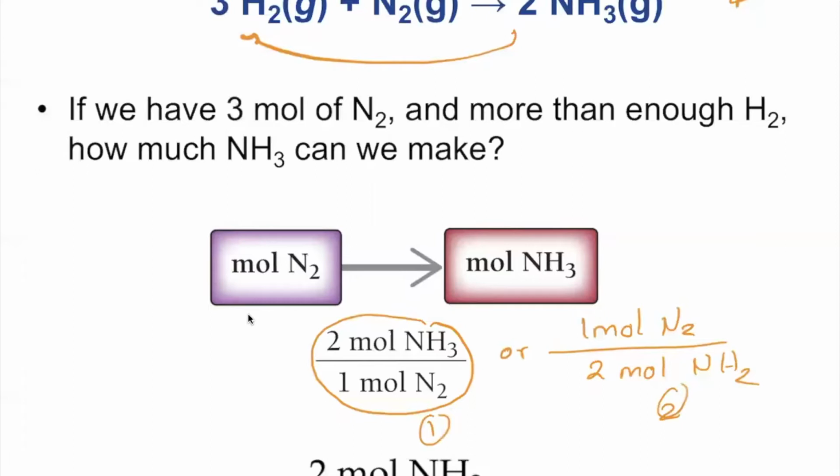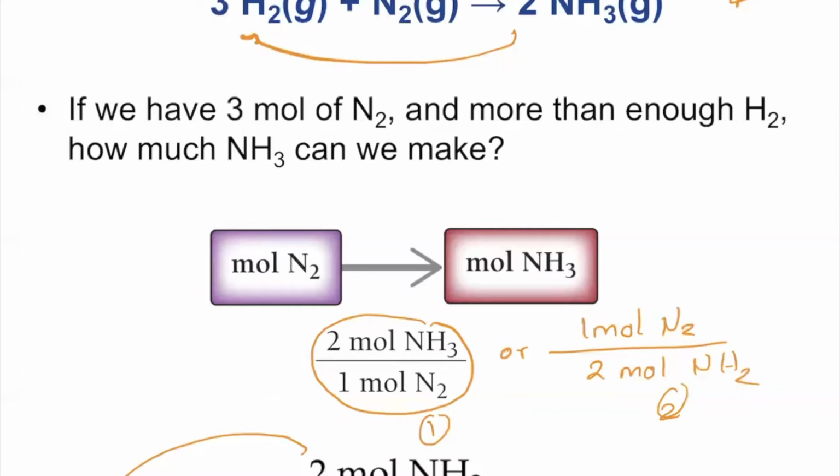Therefore, you're going to use the first one because you want nitrogen at the bottom. So 3 times 2 equals 6, divided by 1 is 6. So if you start with 3 moles of nitrogen, you're going to generate 6 moles of ammonia.